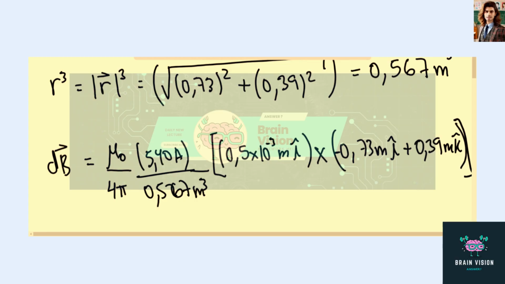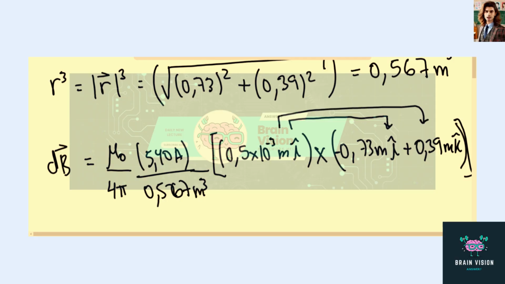We know that when we do the cross product of the same unit vectors, when we do I cross product with I, we obtain 0. So from there, that term we obtain 0.